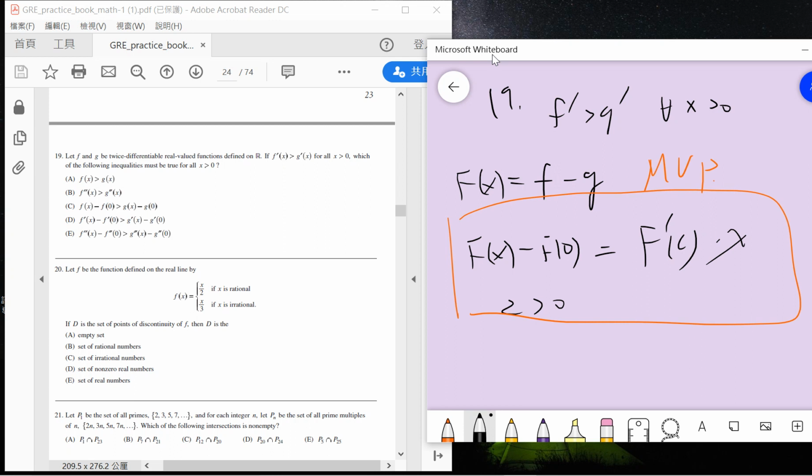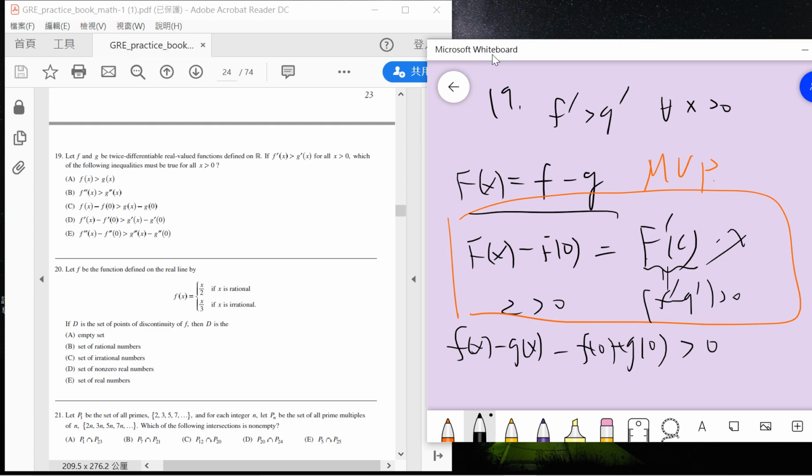When we plug in, we have f of x minus g of x minus f of 0 plus g of 0 larger than 0, because f prime minus g prime is larger than 0 and x is larger than 0. So the answer is C.